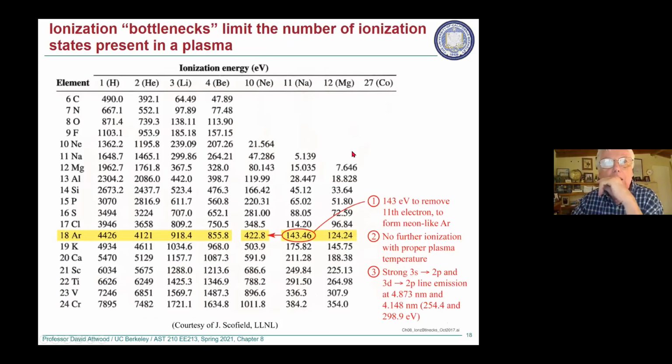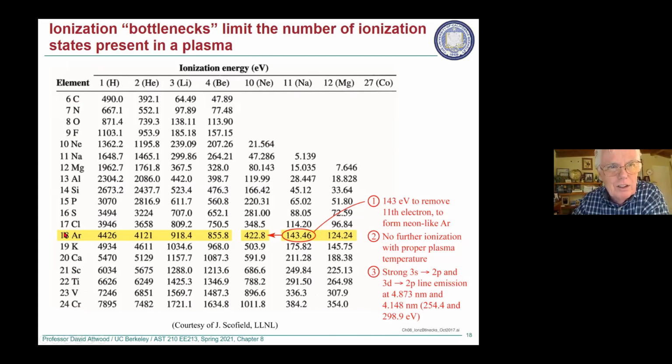I think there's another one too. Oh yeah. So this is about the ionization bottlenecks. So this is in the book, in the plasma chapter, and it's showing different atoms, starting from carbon going down to chromium, excuse me, not chrome. Chrome is on the car, chromium is the atom.